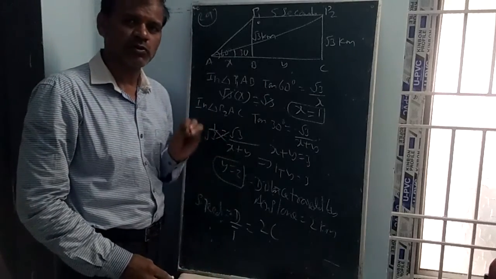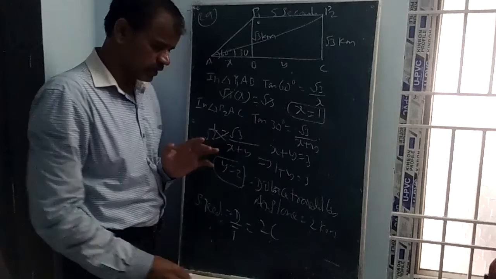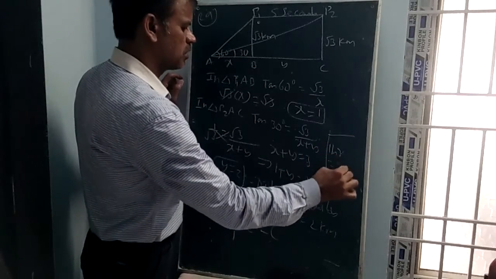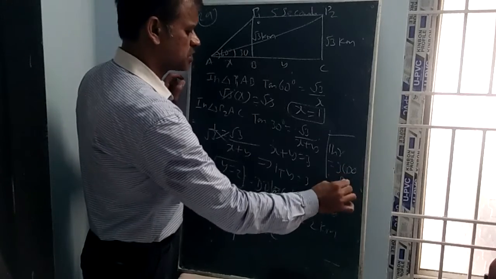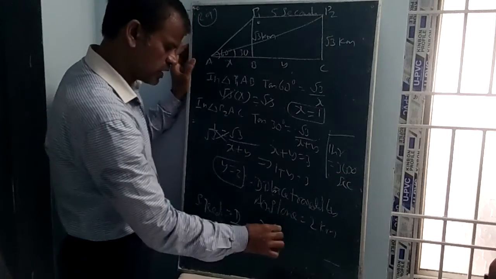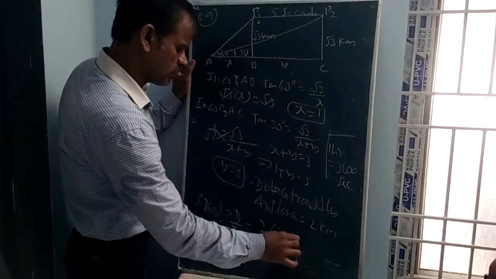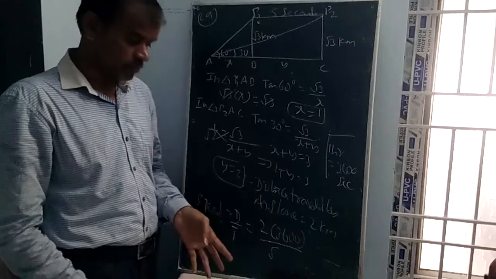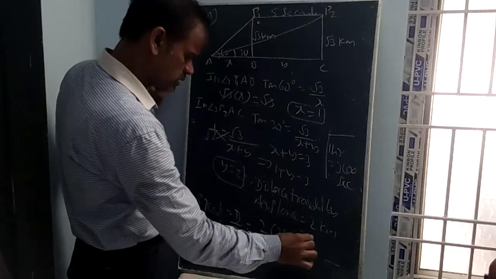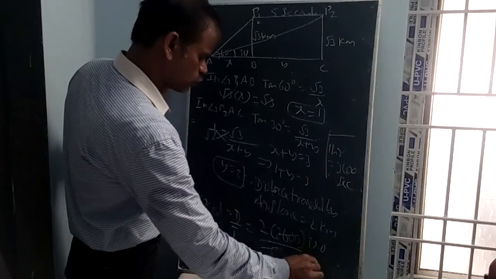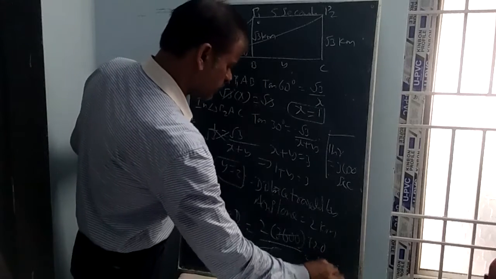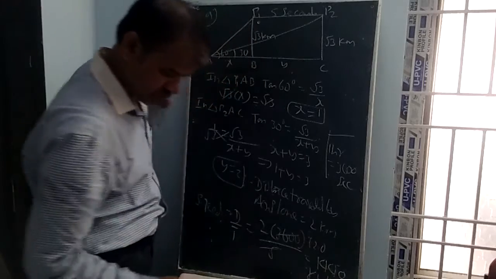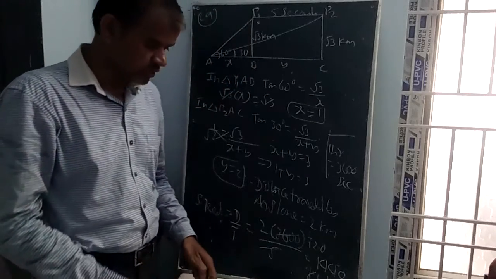We have to consider kilometer per hour. Yesterday also we discussed the same model. 1 hour equal to 3600 seconds. So convert the seconds into hours. 2 into 3600 by 5 I am writing. So 5 divides 3600, 720 times. So 2 into 720 equal to 1440 kilometer per hour. 1440 kilometer per hour is the speed of the aeroplane.